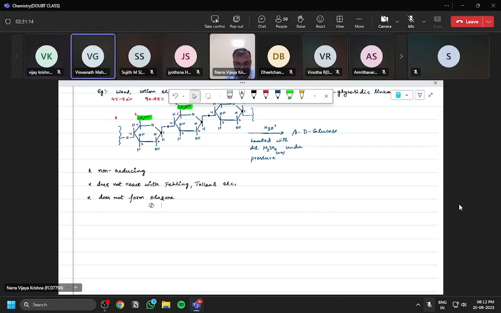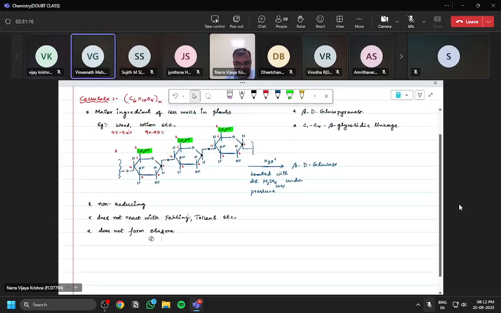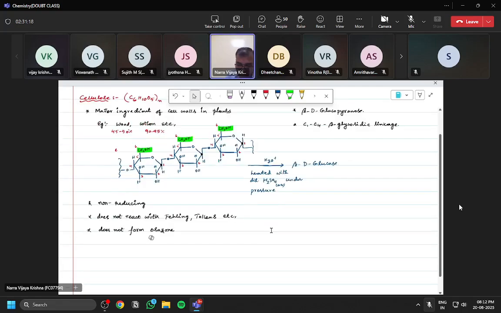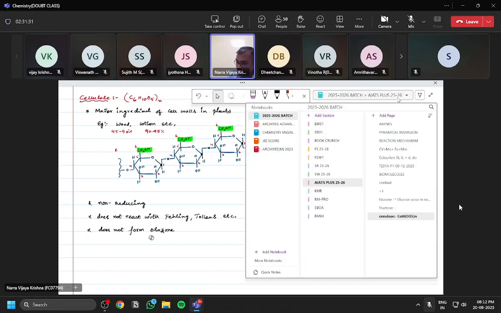Sir, can you explain why it does not form osazone? This hemiacetal group is not free. How is osazone formed? Because of that free group, phenylhydrazine will react. Correct or not?